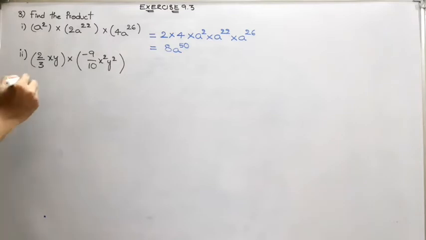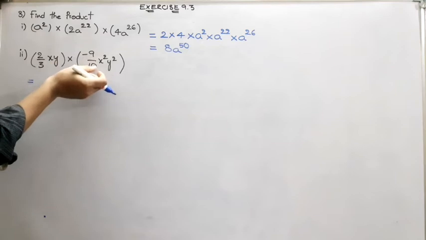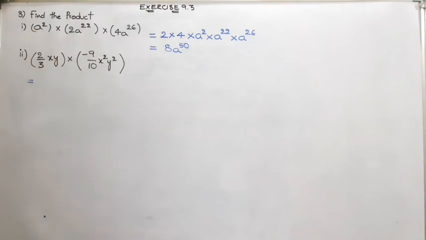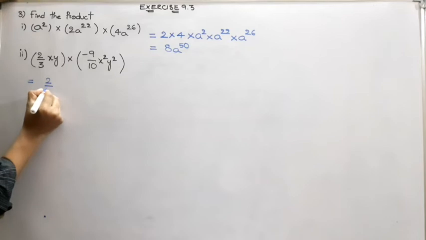Now look at the second question, children. 2 by 3 xy multiplied by minus 9 by 10 x square y square. So as we are doing, write the numerical terms separately like this.